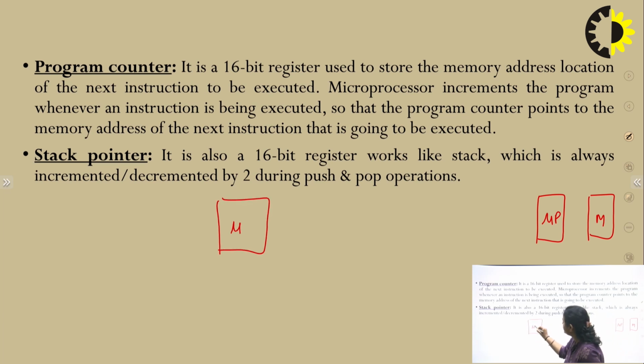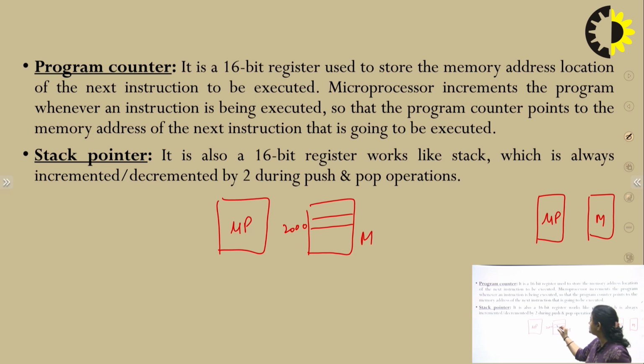MUP needs to fetch the instruction from specific locations of memory. If this is memory and this is location number 2000, the MUP has to fetch the instruction which is stored at this particular memory location. In this case, the program counter register of microprocessor 8085 will hold the value 2000. It means that program counter is a 16-bit register which is used to hold the address of next instruction to be executed.